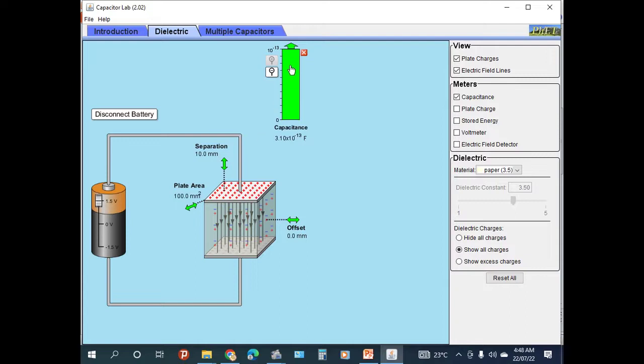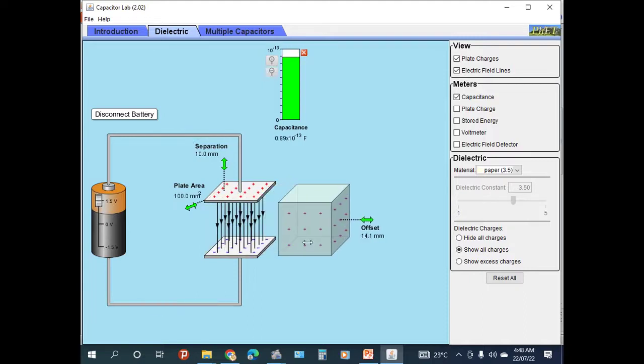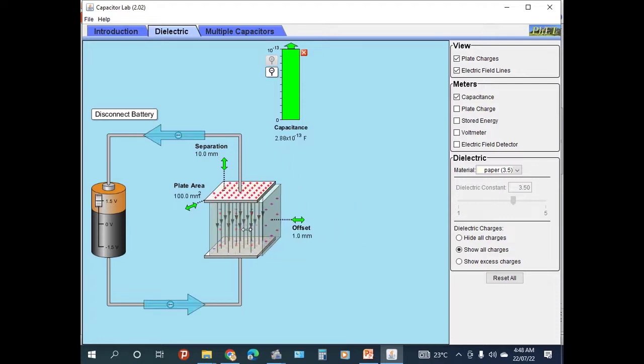The capacitance increases or decreases by some amount. Here the constant K of 3.5 multiplied by the capacitance gives 3.1 times 10 to the power of minus 13.